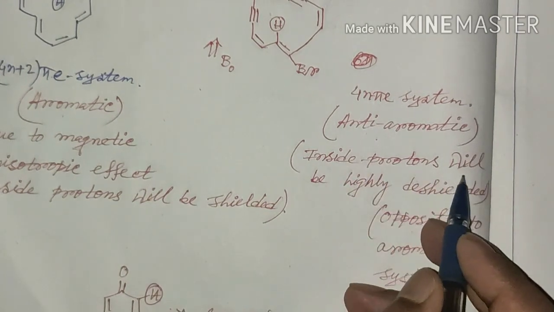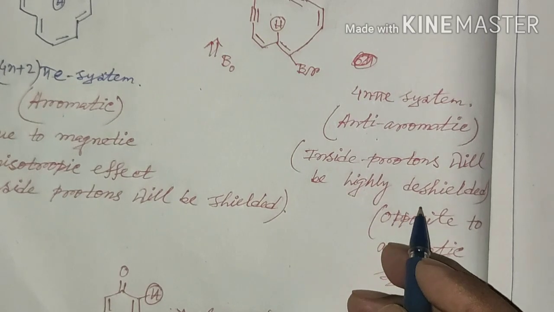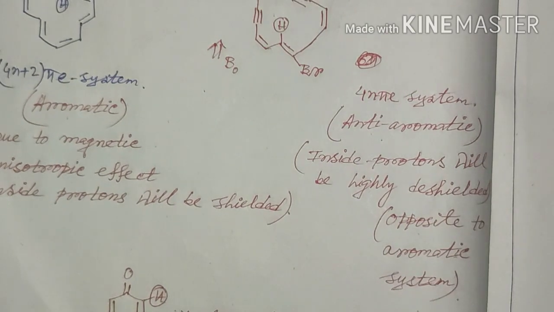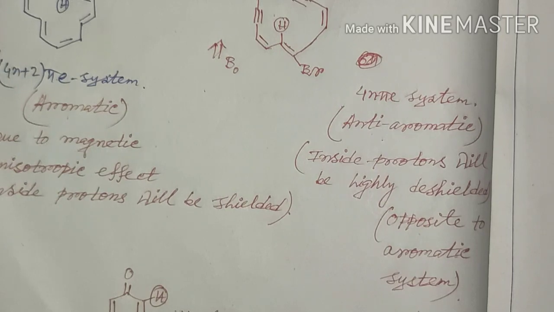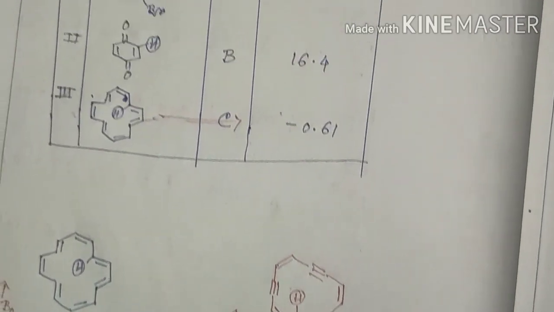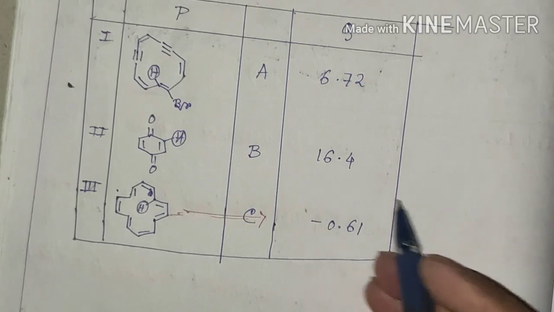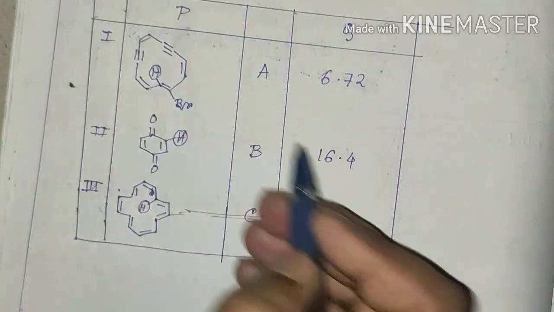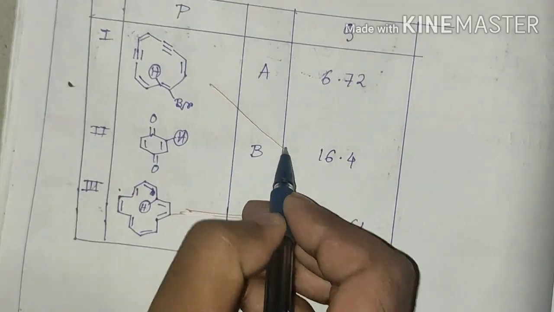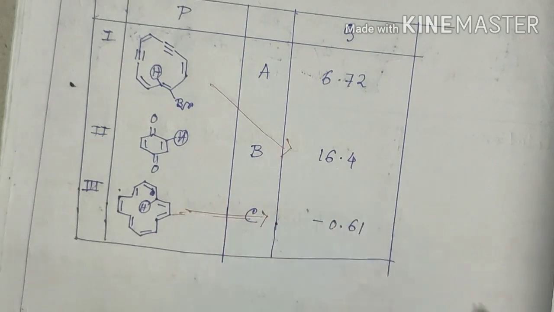In an aromatic system the inside protons are mostly shielded, but in an anti-aromatic system the inside proton will be highly deshielded and give a higher delta value. So for 1 it will be B.